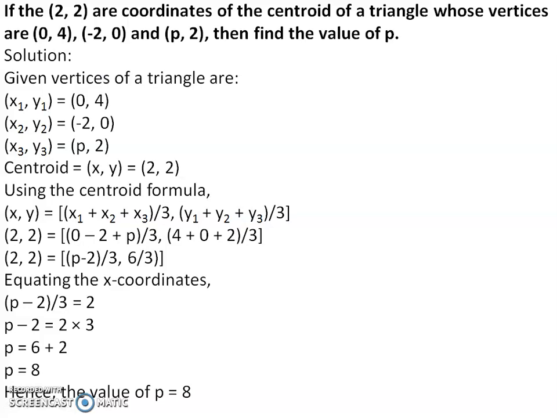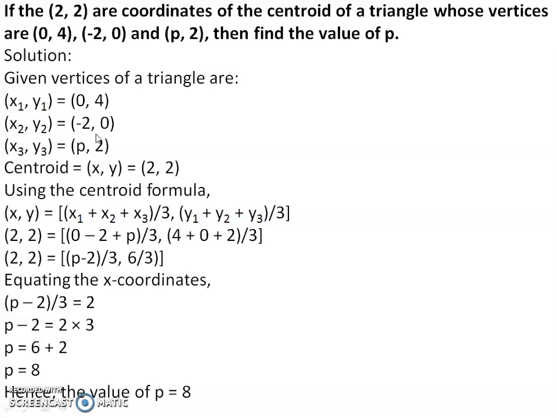So you will take (x1, y1), (x2, y2) and (x3, y3) and here you have both the coordinates of the centroid. This is the x coordinate of the centroid and the y coordinate of the centroid. You know what the x coordinate of a centroid is: x1 plus x2 plus x3 by 3. So you will equate it to the x coordinate of the centroid.